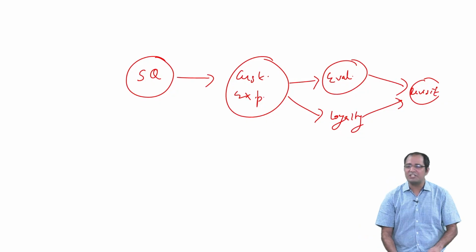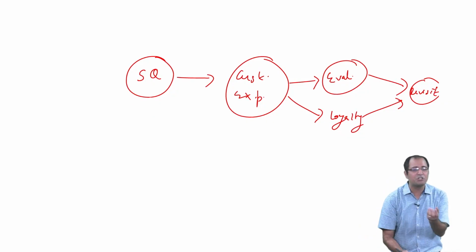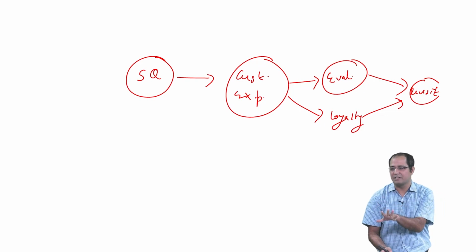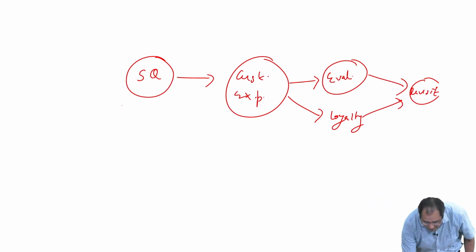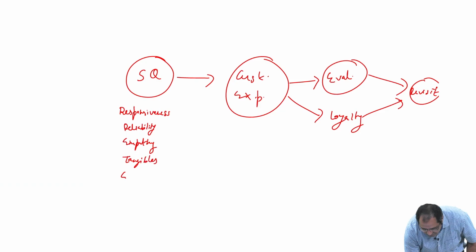Now, service quality theory also says that we need to break down service quality into its constituents, which you will get from the theory. What are the variables in service quality? They are responsiveness, reliability, empathy, tangibles, and courtesy, I think.